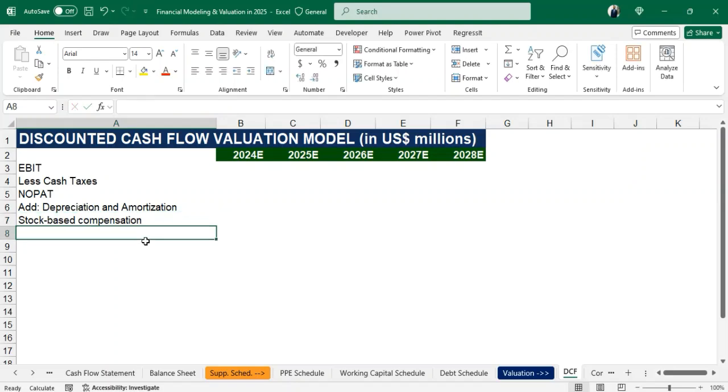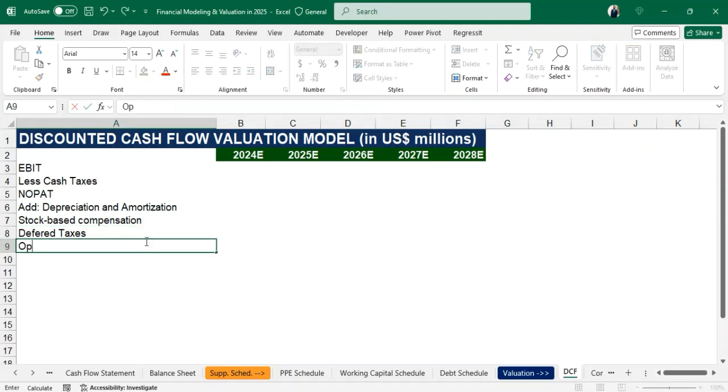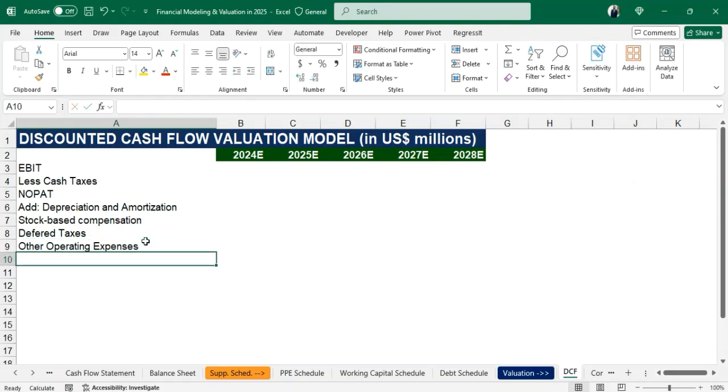The next one, from our analysis of Amazon's financial statement, is going to be deferred taxes. And then the last one is operating or other operating expenses.